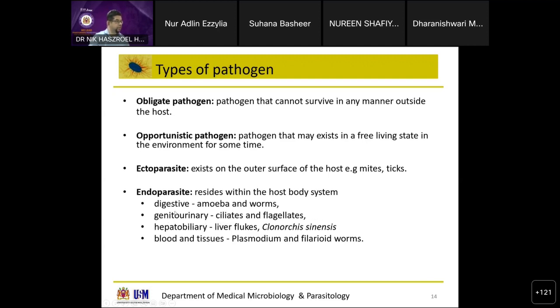There are also endoparasites which survive in the hepatobiliary tract, like Clonorchis sinensis, liver flukes, and there are parasites which survive in the blood and tissues, like Plasmodium causing malaria and filaria organisms. They can survive in the lymphatic tracts, and this one in the blood. So when they survive inside the host, they are called endoparasites.